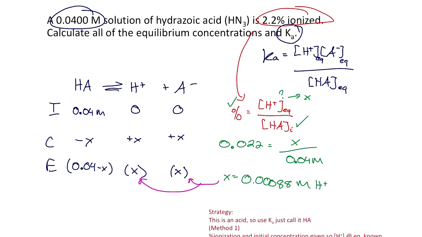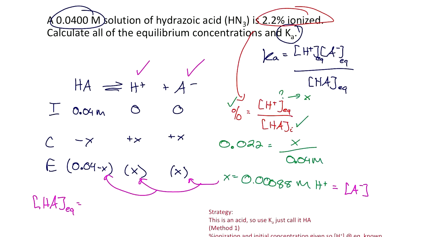Perfect, so we can just go ahead and plug all of those values in, get the equilibrium concentrations of everything. So X is equal to the H plus concentration. It is also equal to the conjugate base concentration, so we have those two. And so to get the concentration of HA at equilibrium, we actually have to do the subtraction. So do not make an approximation here. All right, I know you want to, because we've always been just neglecting the minus X, but we know what X is now.